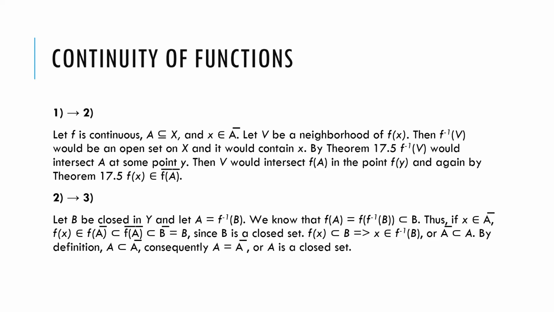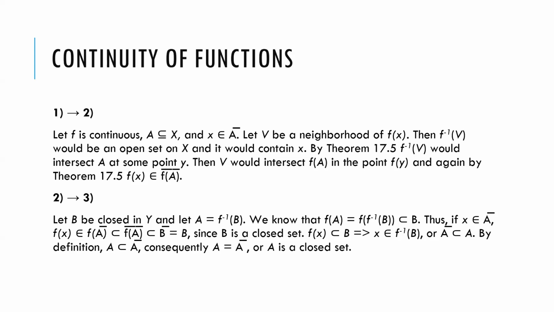From this we get that V would intersect f of A in the point f of y, and again by theorem 17.5 we see that f of x belongs to the closure of f of A.